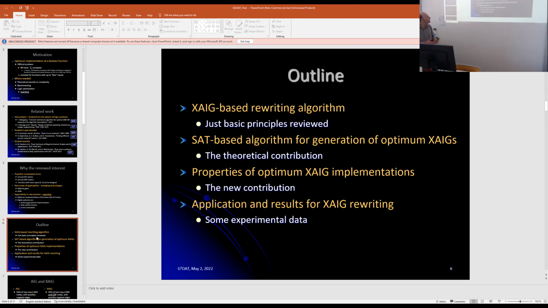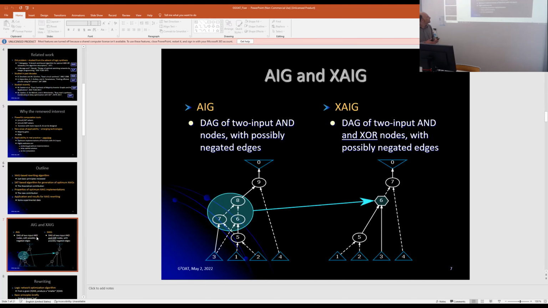Basically, right now I'll try to introduce the principles of the rewriting algorithm. The principles are very simple, but first, before introducing the algorithm, just some notation.